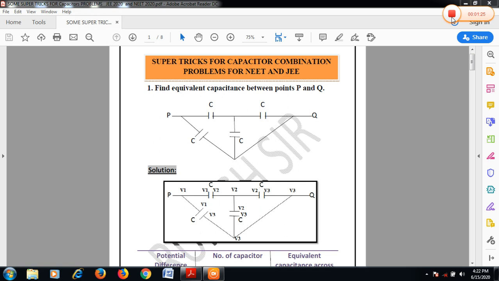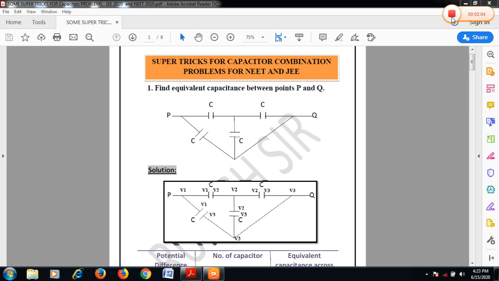Okay, first problem is: find the equivalent capacitance between points P and Q. Here you have been given one circuit and you need to find the equivalent capacitance between the points P and Q. Have a look at this circuit. We will discuss this problem with the help of a trick known as finding the same potential across the capacitors, and thereby combining them.